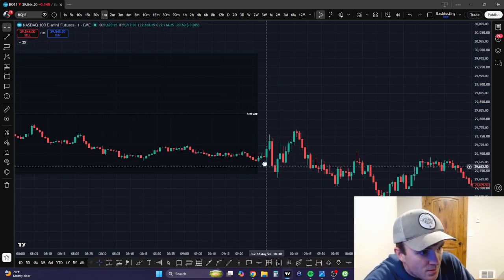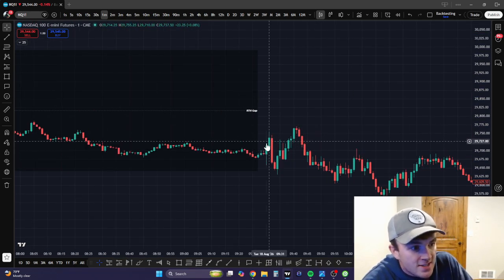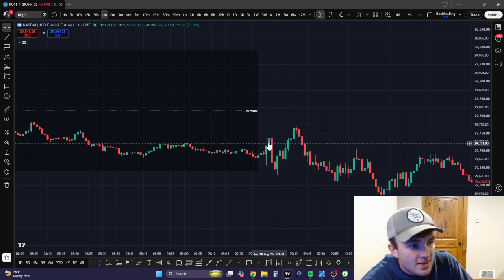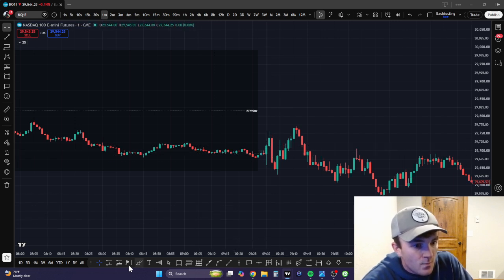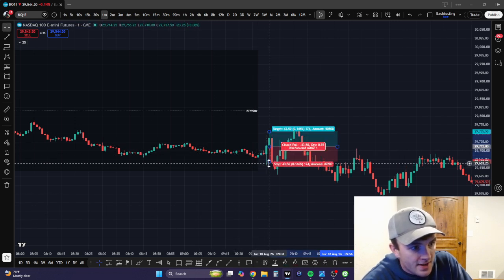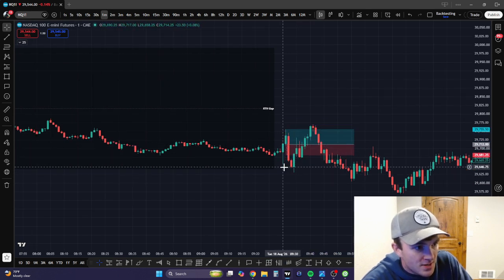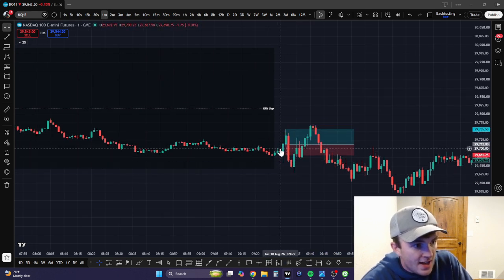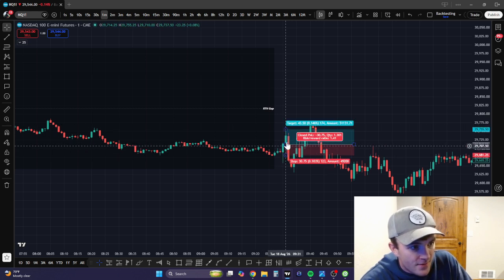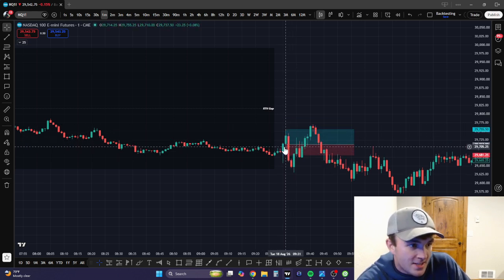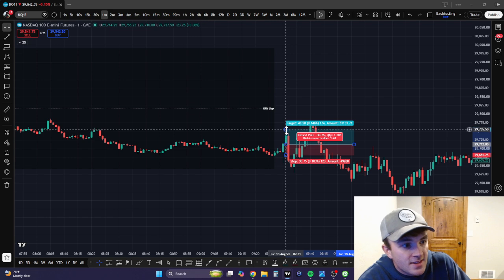Since this is right as the market's opening at 9:30, this would normally be my cantina kill shot model, where you have an outside bar, a candle which takes the high and the low of the prior candle, and then violently it doesn't have to close higher, but in this case it's violently closing higher.